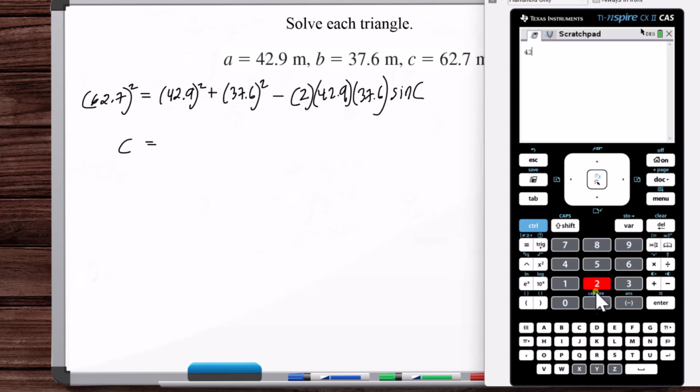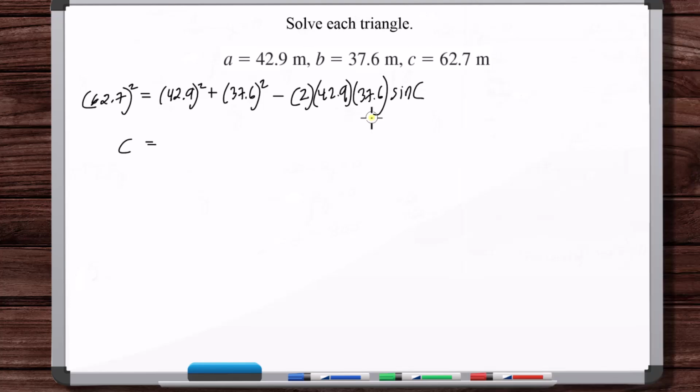So 42.9 squared plus 37.6 squared minus 62.7 squared. Then divided by 2 times 42.9 times 37.6.